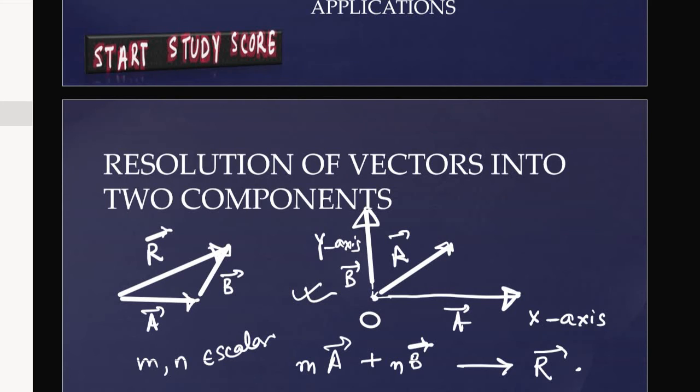Okay, any vector that you are given, you can simply find its components by placing it at the origin of an xy coordinate system. You can place it there and find one x-axis component and another y-axis component. This is called resolution of vectors.